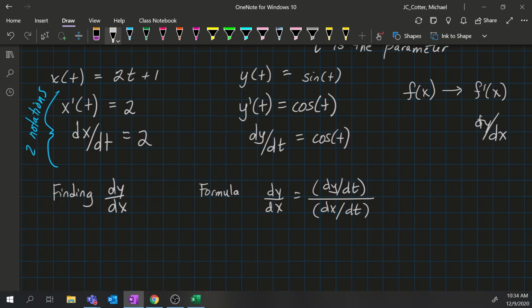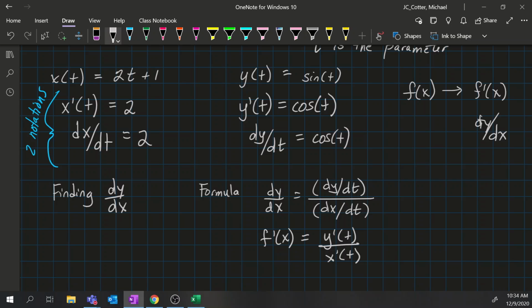Or if you prefer the other way of looking at it, I don't want to use the prime notation. The problem with the prime notation is that it's harder to connect what variables it is. So what I could do is say f prime x is equal to y prime t divided by x prime t. I'm not sure that's actually helpful in terms of understanding it, but it could be if you prefer that notation.